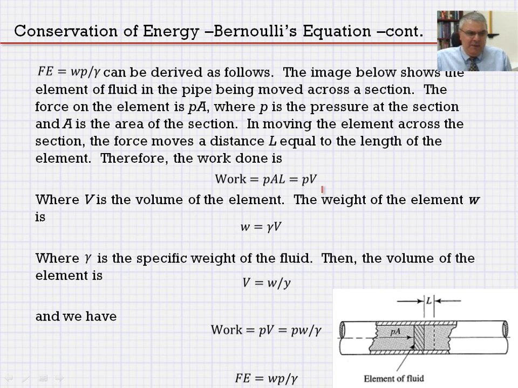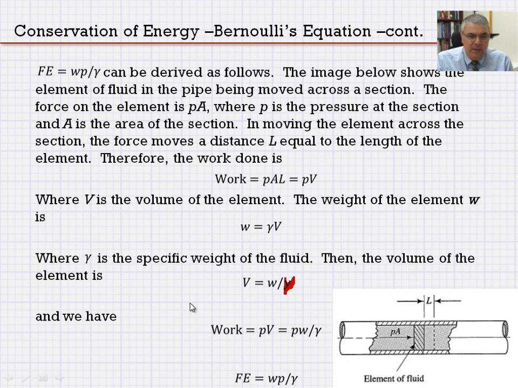In this case, we can replace the weight of the element, W. As we know, the weight W is gamma times V, and gamma in this case is the specific weight of the fluid. Then the volume of the element would be W divided by gamma. Make sure you note this, it's really V equals W divided by gamma.